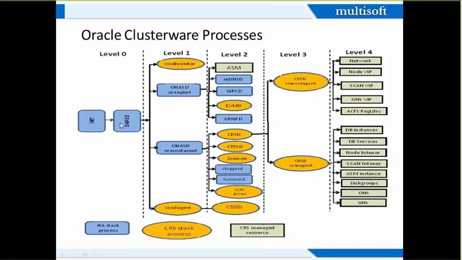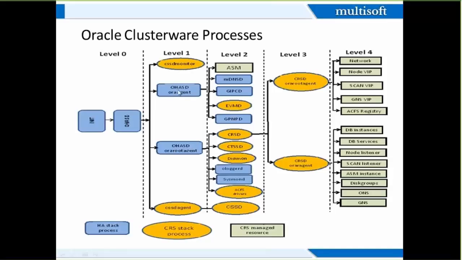So first of all, when OHASD is started, then the CSSD agent, which is basically the basic thing required, maintains the voting disk entries, and on top of that, thereafter the OHASD oraagent and orarootagent will start. Thereafter the CSSD monitor will start.